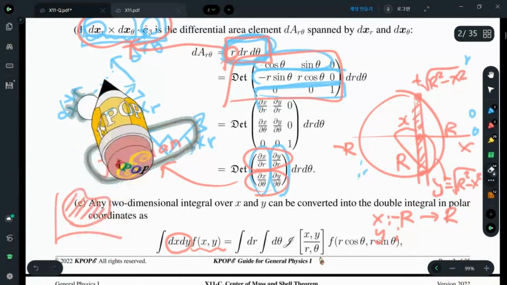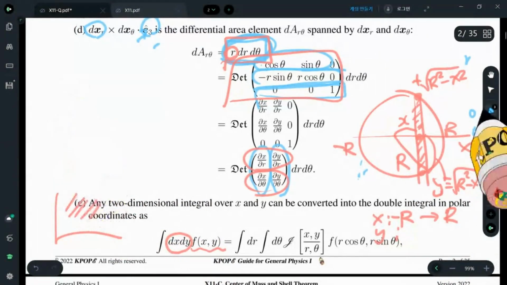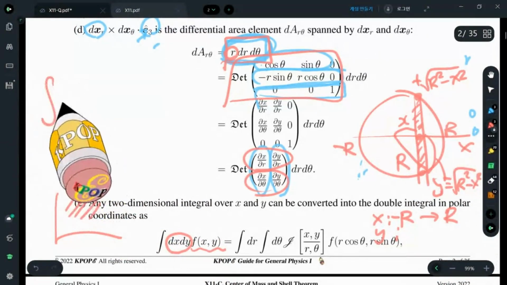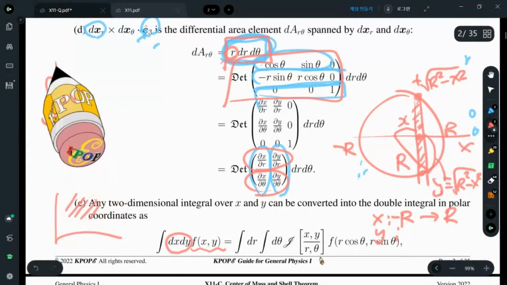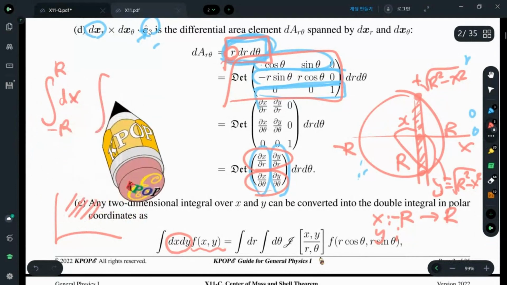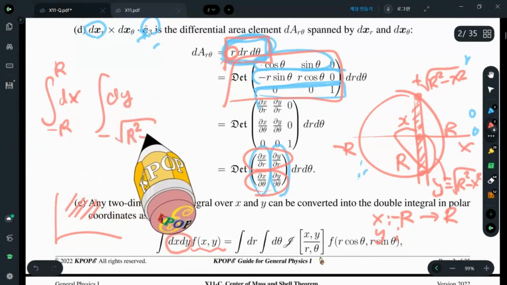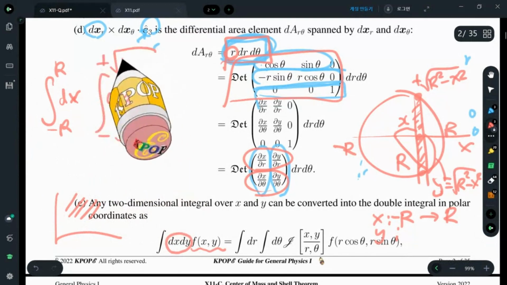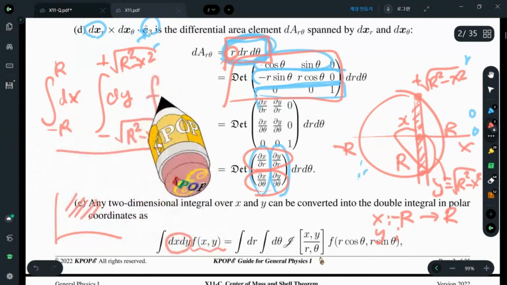So if I want to carry out this integral, I need to evaluate dx running from minus r to r, and dy runs from minus square root of r squared minus x squared to plus the square root, of f of x y.